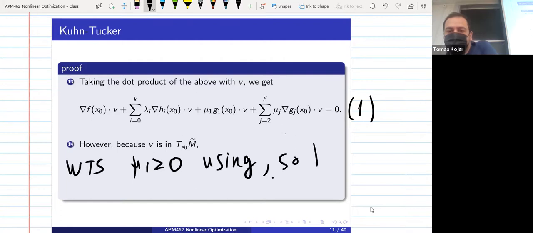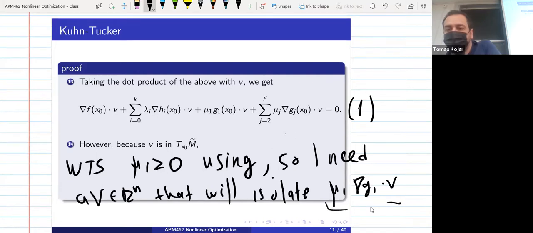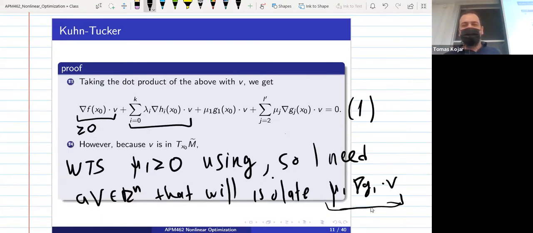So I need a V that will isolate mu1 gradient of G1 dot V. And all that work was to use the following, that this guy will be non-negative by local min. This is easy. And then I just picked the V that will be normal to all these guys. That's basically the argument.